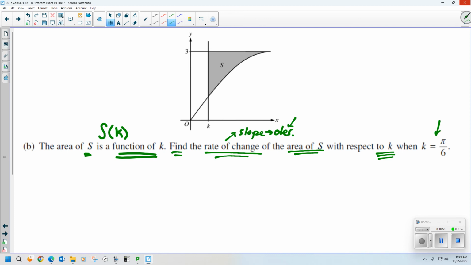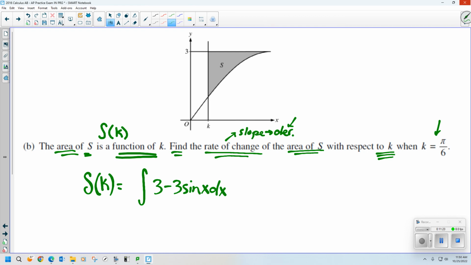All right, we got what we need. So S of K equals, okay, well, the area of S, we just said that's the area of 3 minus 3 sine of x dx. Okay, we just did this where K is pi over 6.